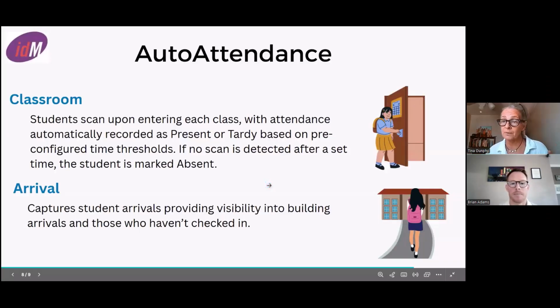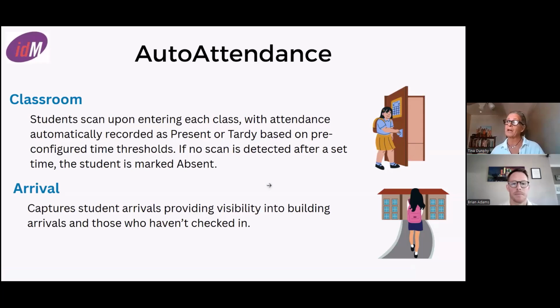I'm going to take this back for just a minute, Brian, before we go. I just wanted to share with you some information about another plugin that we have. It's called AutoAttendance. Our AutoAttendance plugin is equally as fantastic as our AutoTardy plugin, but it handles two different types of scenarios. One is attendance in the classroom, and one is attendance for arrival. So the classroom attendance solution, students scan when they're entering the class, lifting the responsibility off of the teacher.